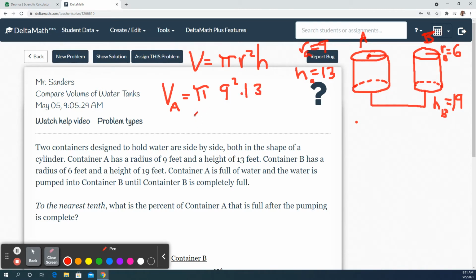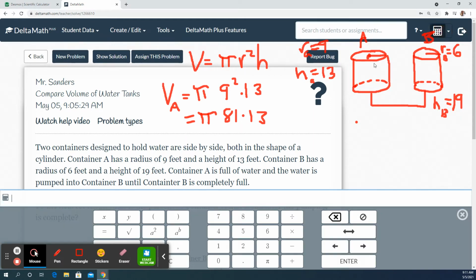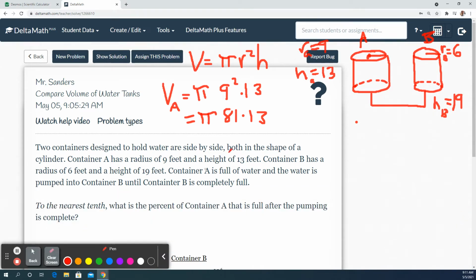Calculating that, that would be equal to pi times 81 times 13. 81 times 13 is 1,053. So 1,053 pi.